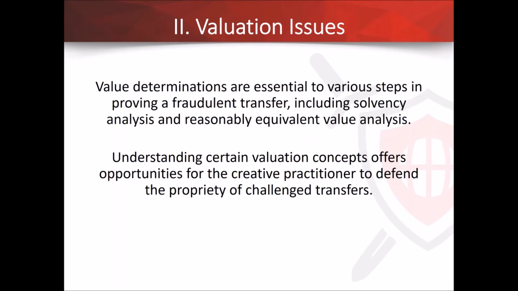When we're looking at these valuation issues, going back to how plans are unwound, plans are unwound when somebody makes a transfer. Generally speaking, one of the primary ways plans are unwound is when somebody makes a transfer in the face of a financial crisis or risk. They're making a transfer of less than reasonably equivalent value, in a situation that leaves them unable to pay their debts, or insolvent.